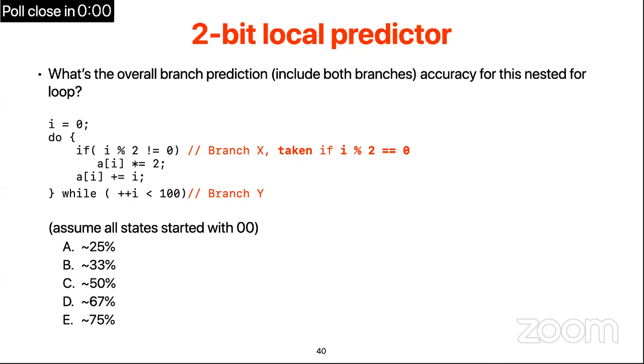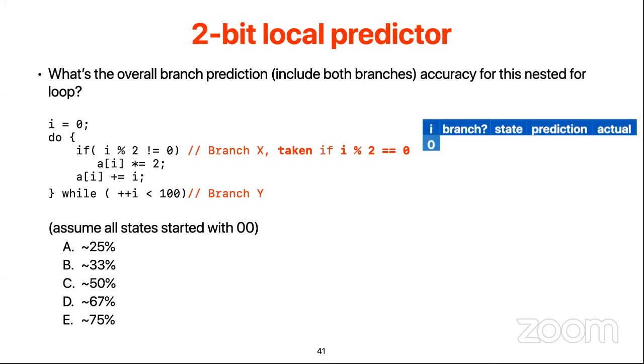Okay, Jiapeng, what do you think? I say it's 70%, about 75% time. Okay, how do you get that? For the if statement, it will start at 0, 0, and the first time it gets is not taken. But the actual taken or not taken?